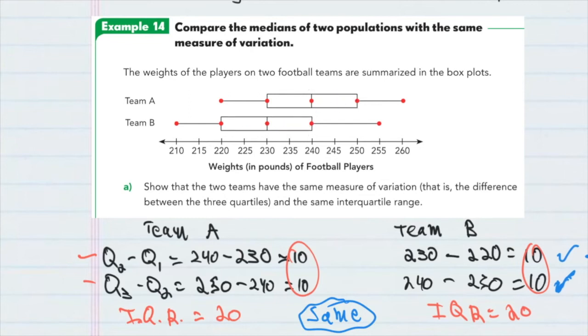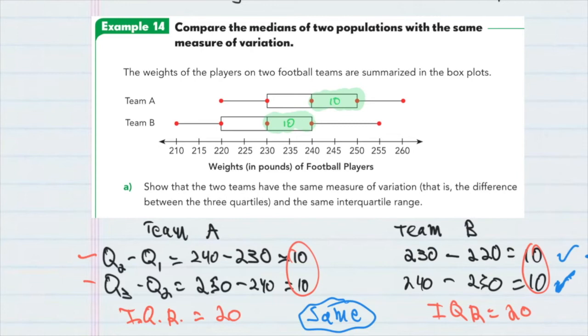So when we're comparing, it looks like when we just look at the range, take a look at this and this, right? Those are the same statistics, right? They're each equal to 10, they're each worth 10, okay?